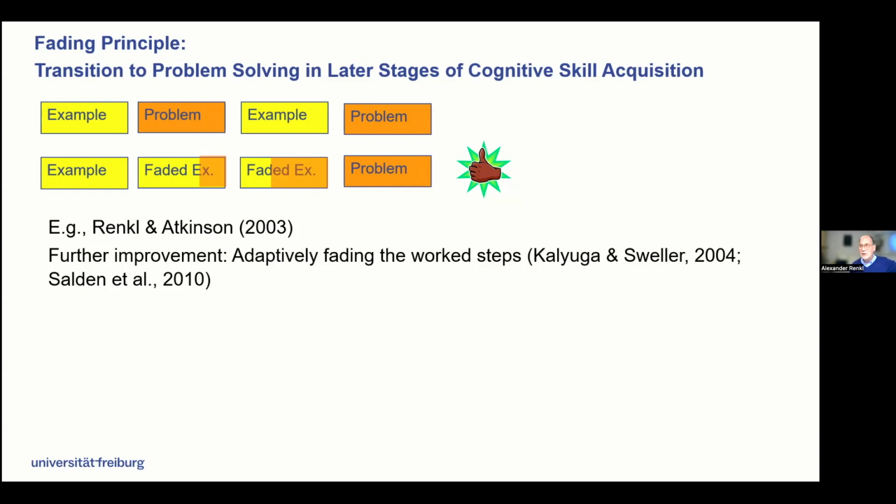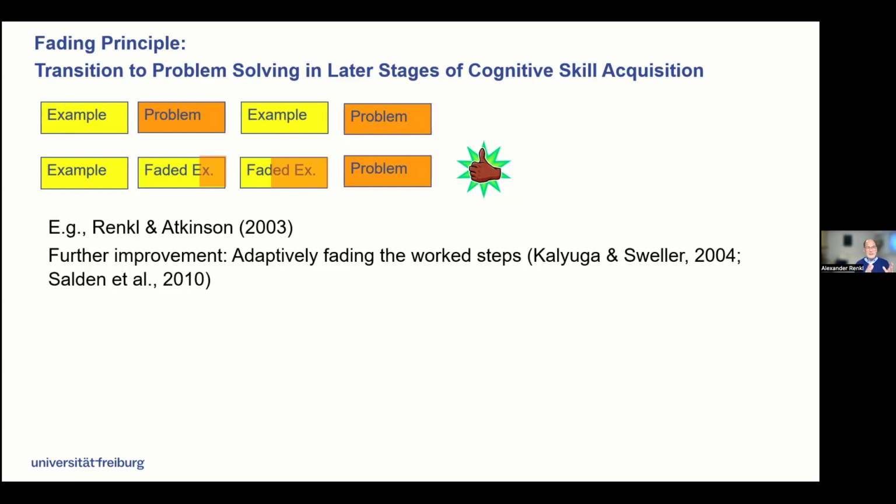If you have difficulties in self-explaining, you had a lot more worked-out steps, and we faded out those worked-out steps where they did good self-explaining, fast good self-explaining. And this was a good idea. At least it had good effects.